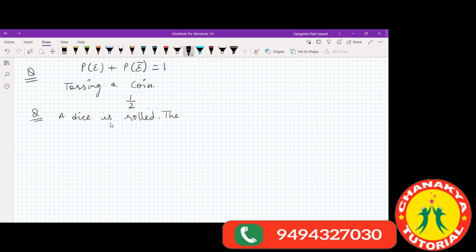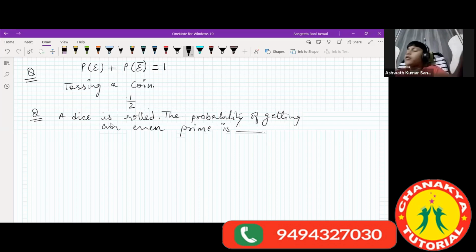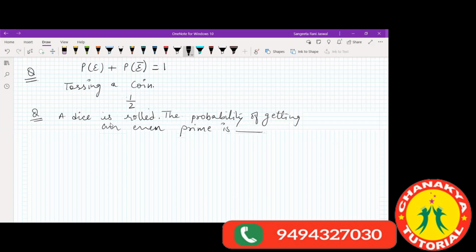A dice is rolled. What is the probability of getting an even prime? 1 by 6. Why 1 by 6?